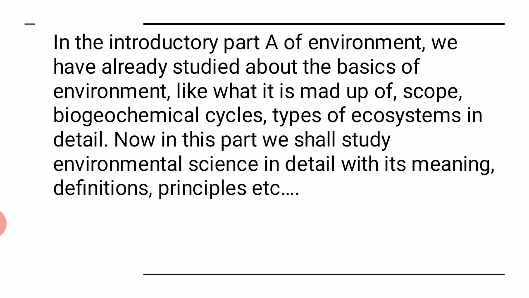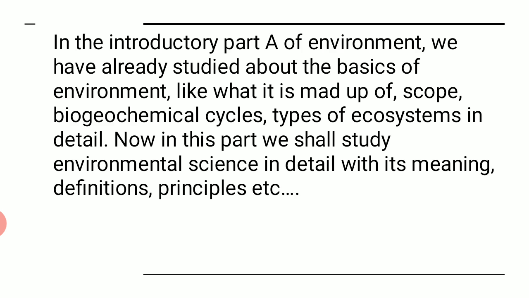As I told you, in part A on the environment, we have already studied the basics of environment, like what the environment is made up of, its scope, geochemical cycles, types of ecosystems, etc. in detail. Now in this part we shall study environmental science in detail with its meaning, definitions, and principles. That means we are going to deal with 3 aspects here.